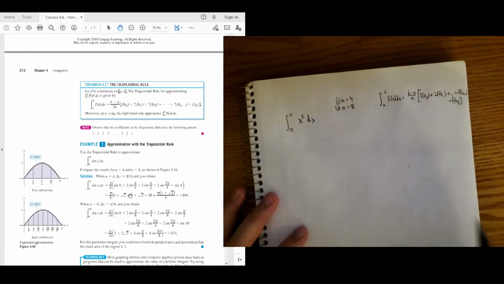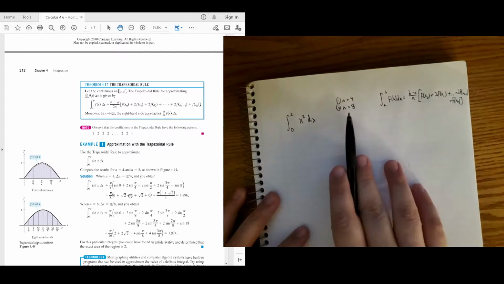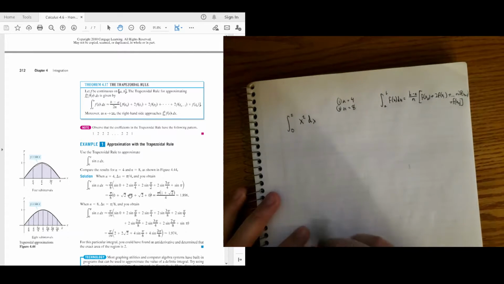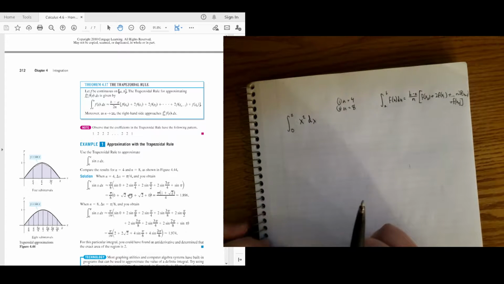So what we're going to do is supplement this function now with our n of 4 and our n of 8. So to do this, let's try it out.